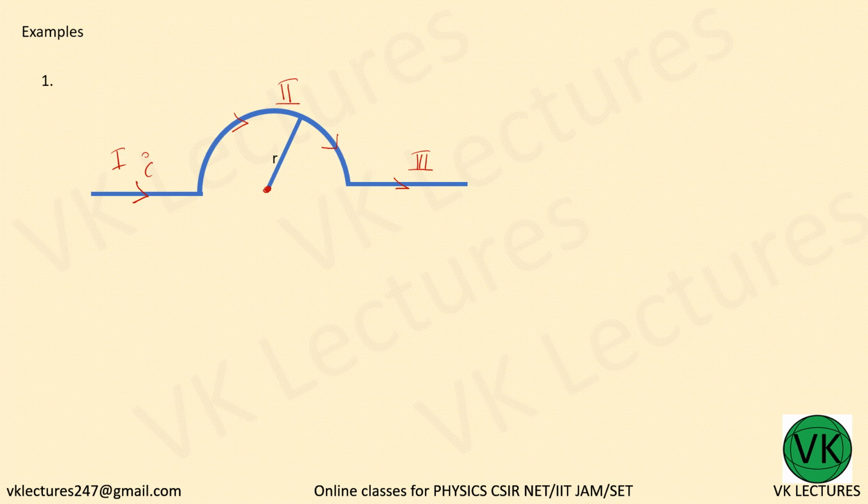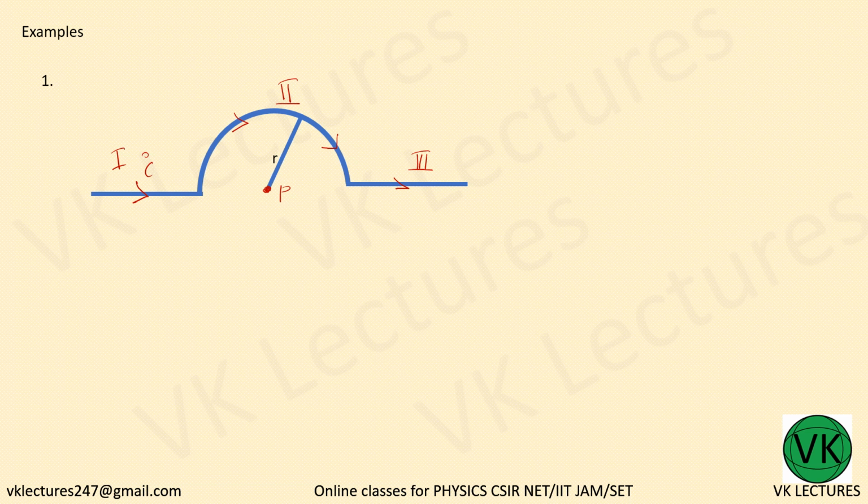When we consider this point P, it is in line with the first straight current carrying conductor. So due to this current I, the magnetic field will be zero here, as we said before.